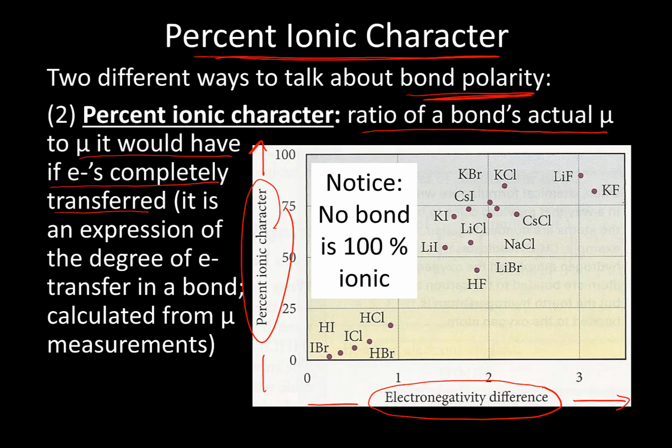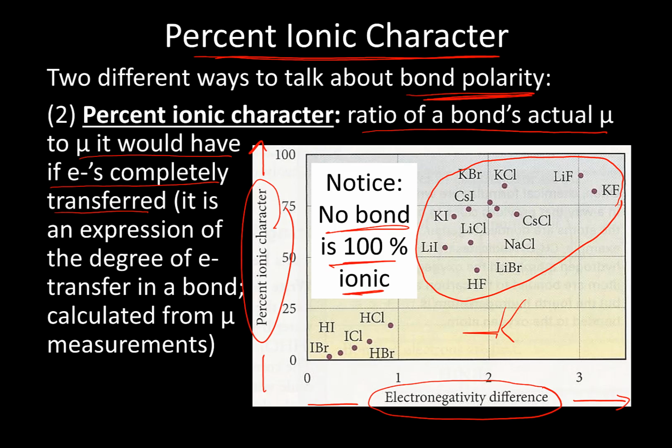What you can notice here is these are all ionic bonds. Notice that no bond is 100% ionic. If a bond was 100% ionic, electrons would be completely transferred to one of the elements, and that can't happen, because if an electron completely leaves an element for another one, that element has no reason to stay.